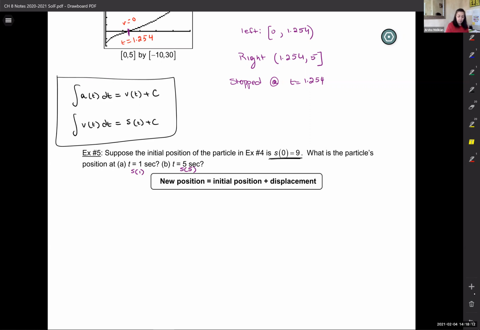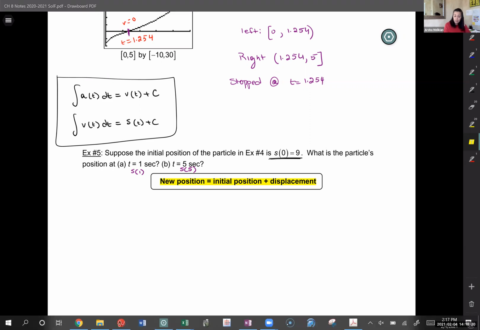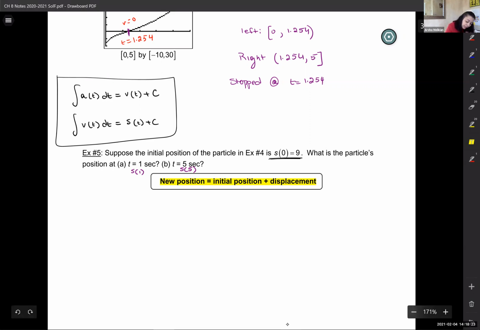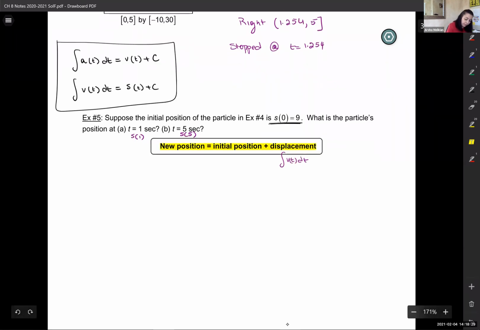And we're always going to go with this: the new position is the initial position plus the displacement. And what's the displacement? It's the integral.